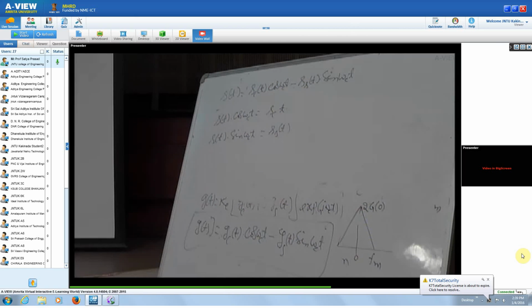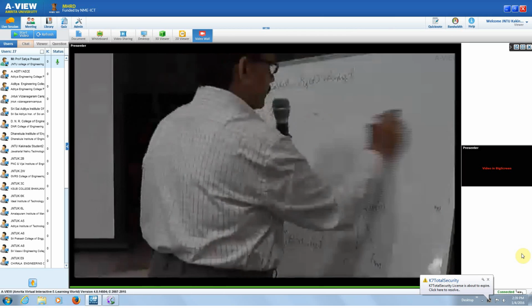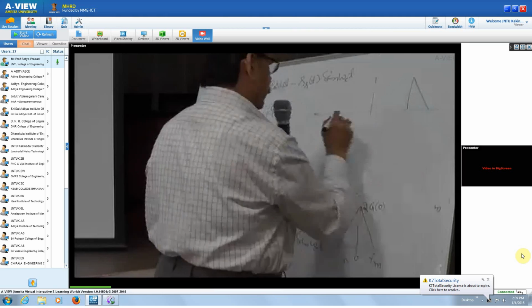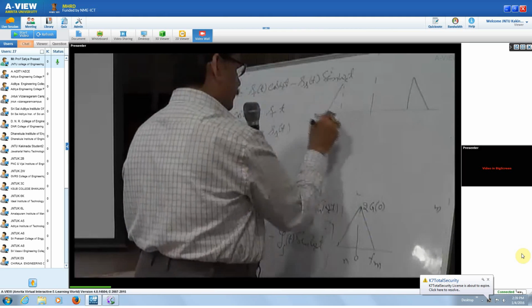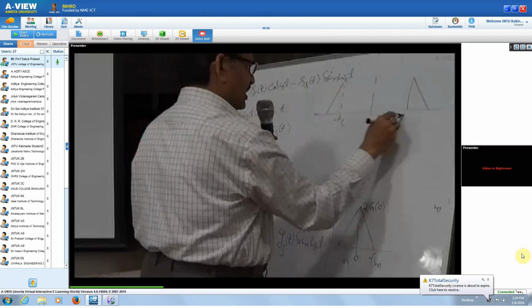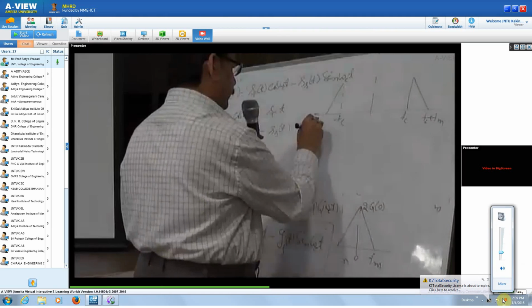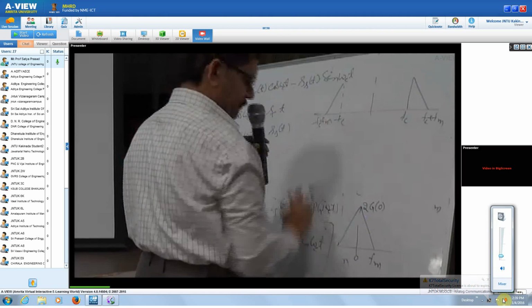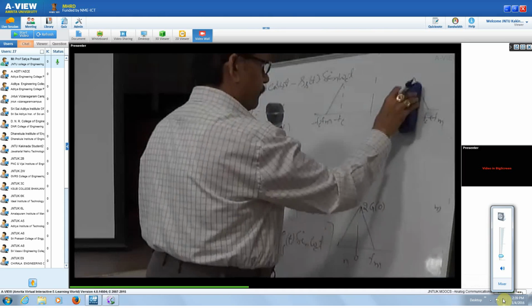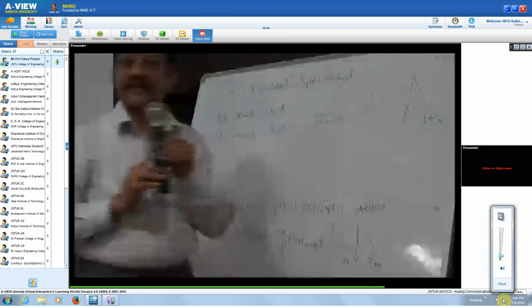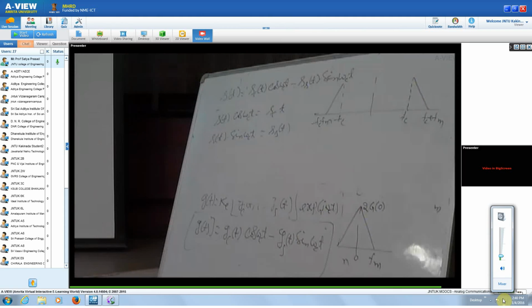So let us consider the upper sideband signal. So this is your upper sideband. Actually there is no carrier signal, that's why I am putting a dot. If you put a straight line, that means a carrier also is present, but we don't have a carrier.